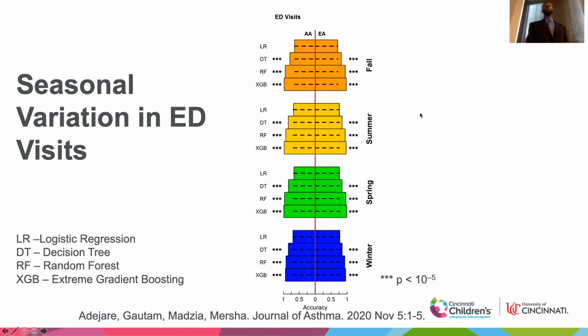And so this applies not only to fall, but summer, spring, and winter too, where extreme gradient boosting, regardless of race, was the best performing model. And so why is that?